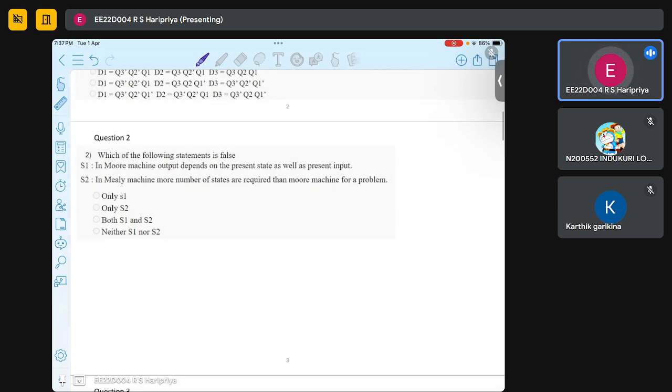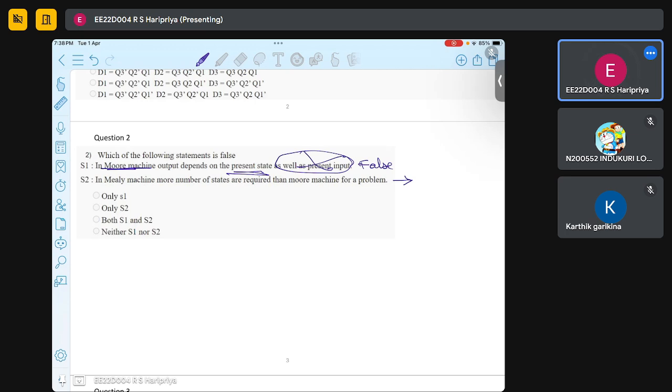Which of the following statement is false? In Mealy machine, output depends on the present state as well as the present input. Moore only depends on the present state and not on the present input. So this is false. Next, Mealy machine has more number of states compared to the Moore machine?